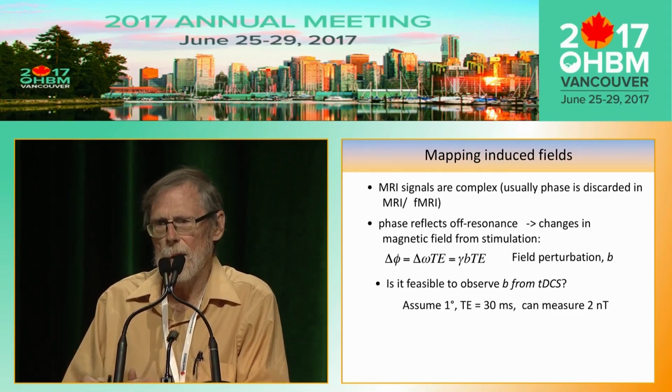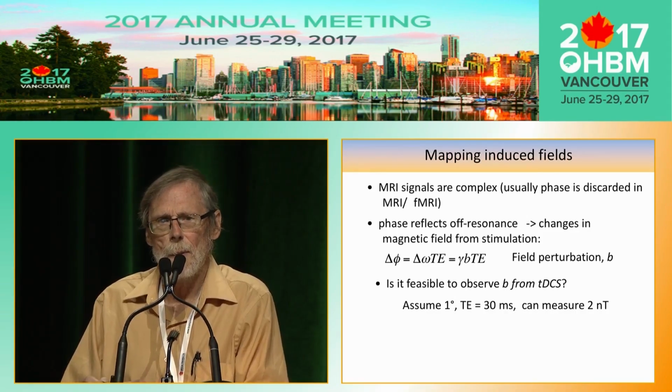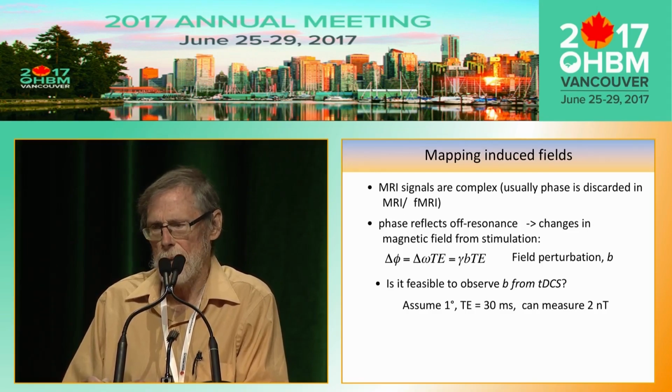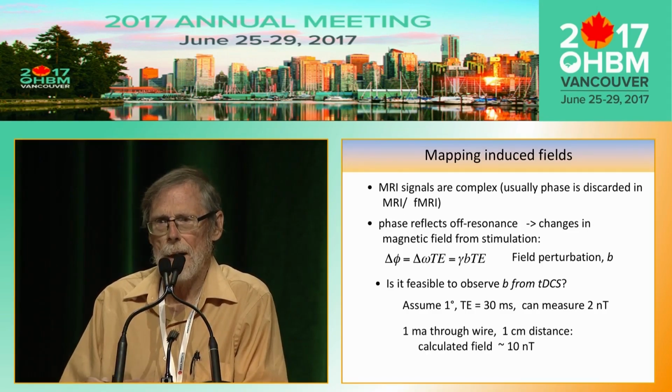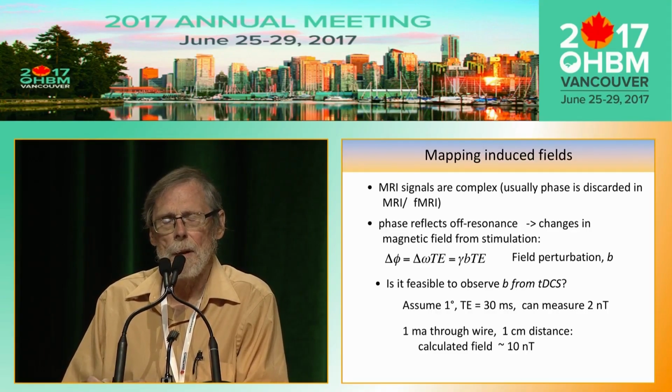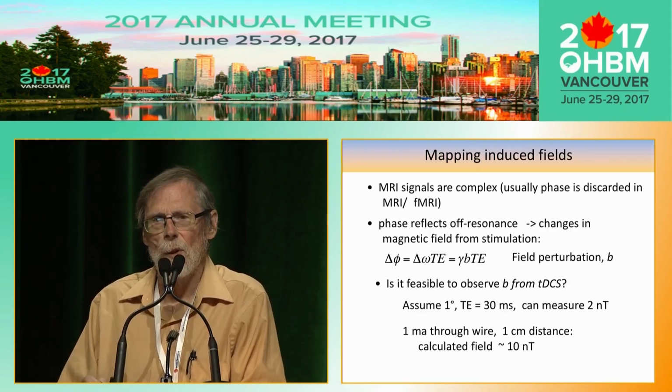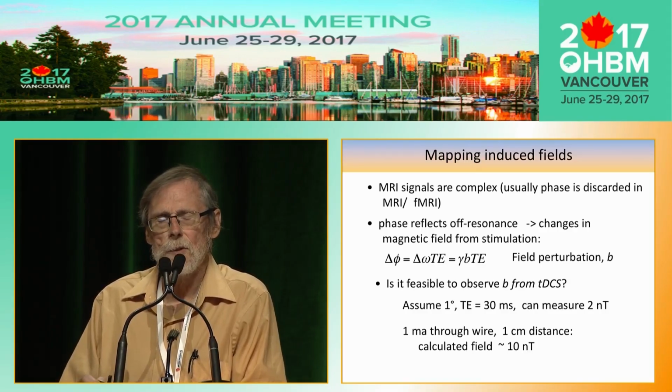It turns out that if you can measure a 1 degree phase shift, with an echo time of typically 30 milliseconds, you can look at nanotesla kind of magnetic field changes. And if you do a back-of-the-envelope calculation of a wire with 1 mA through it, a centimeter away, you have magnetic field changes on the order of 3 or 4 or 5 times as large. So it seems feasible that one could look at phase shifts in the MR signal and use them to infer the magnetic field.